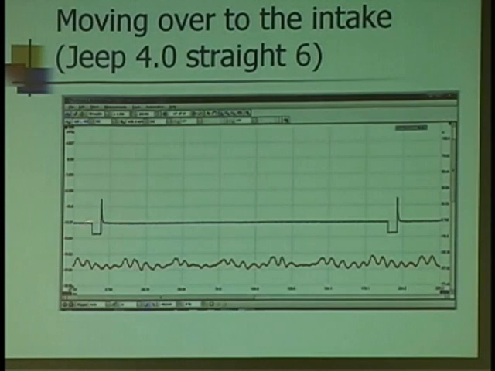And what we're looking at here, this is the injector event. That's just my reference. And this little red squiggly line here, that's intake manifold vacuum. Now the tailpipe can help me trigger on exhaust sealing issues. The intake side can help me track down intake sealing issues. Do I see anything wrong with this pattern?